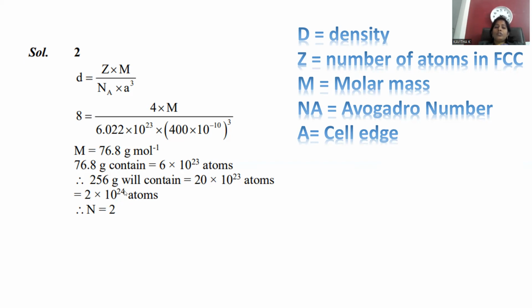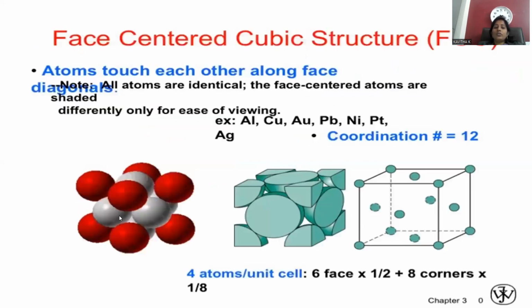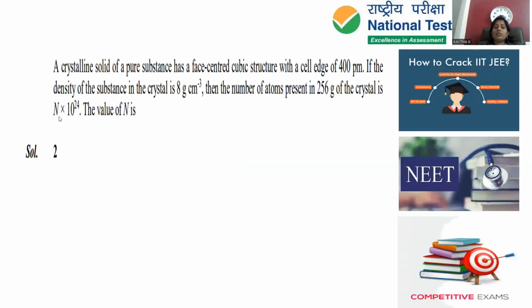So when 2 into 10 to the power 24 atoms are present, and 2 into 10 to the power 24 is already given in the problem, the only required value is 2. n is equal to 2 can be calculated like this. This is the way the question can be answered.